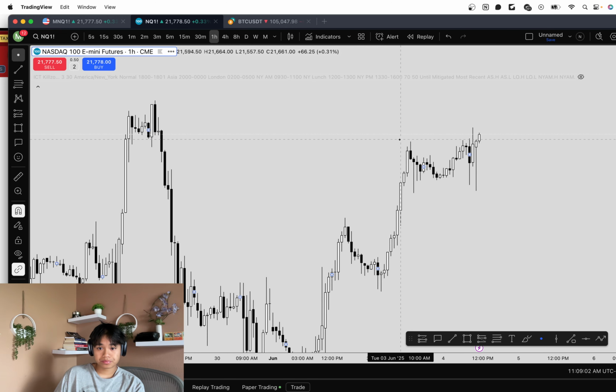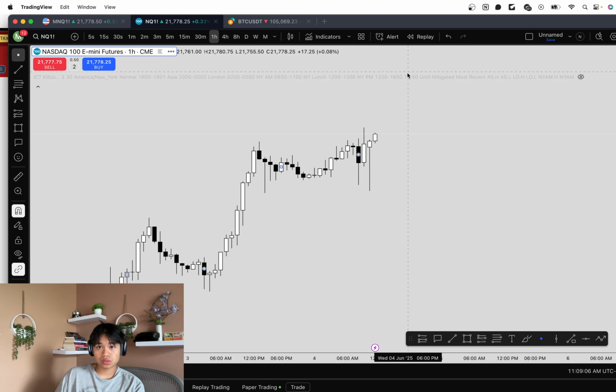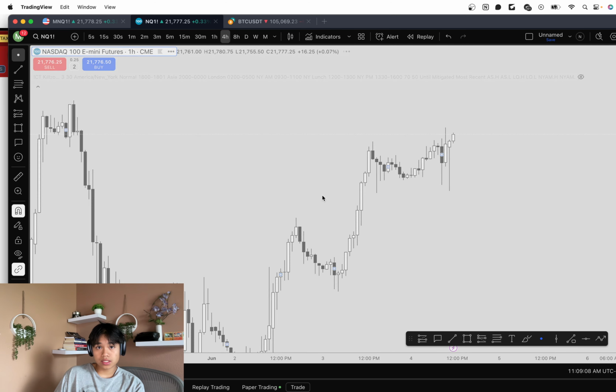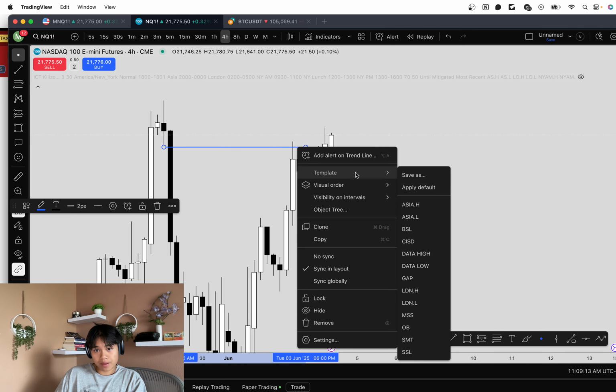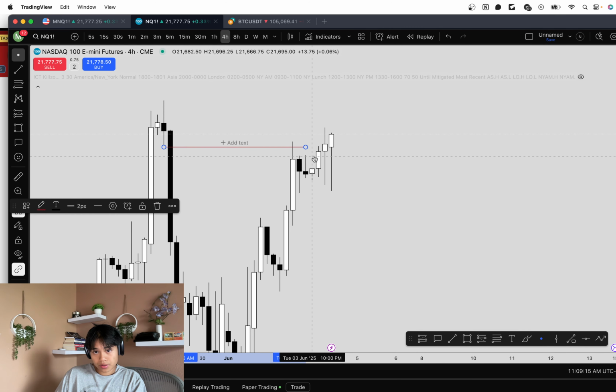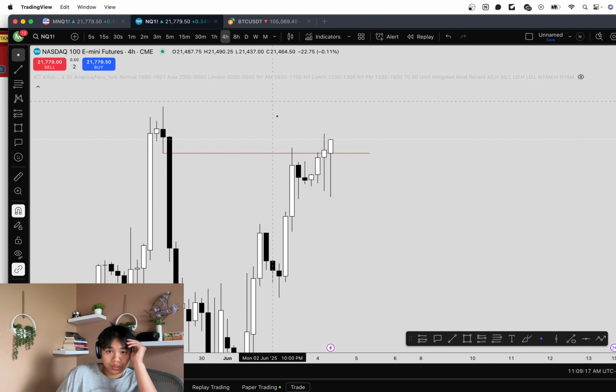So let me see here. Yeah, so going into the day, we're about to inverse this 4 hour gap right here, which we obviously did. This was the candle right here at the 9 a.m. open.